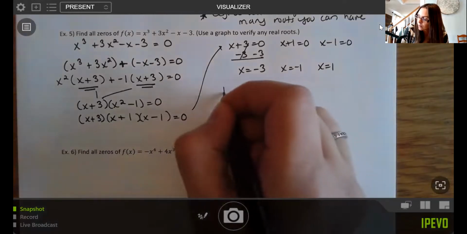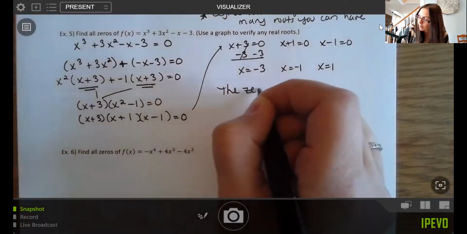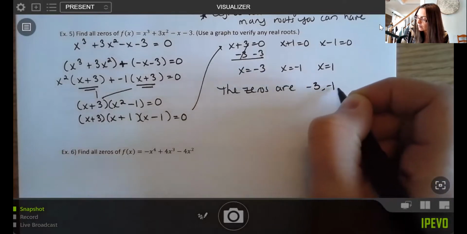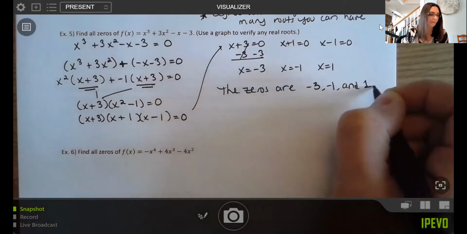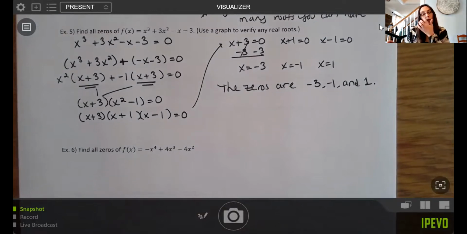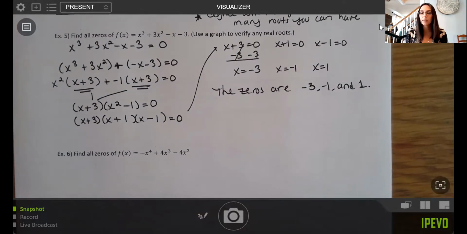So the zeros are -3, -1, and 1. When we write the zeros, we usually just write the numbers. If they ask for zeros, they probably just want the answer. They don't necessarily want the full point or anything like that.